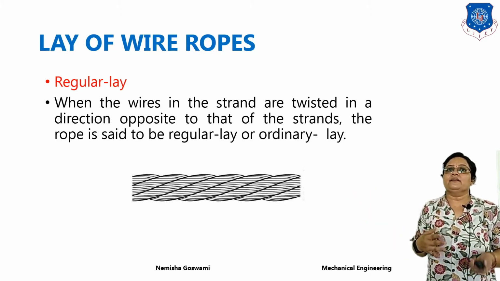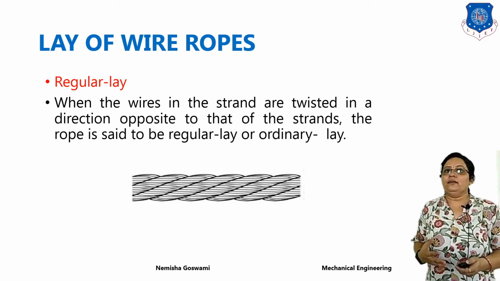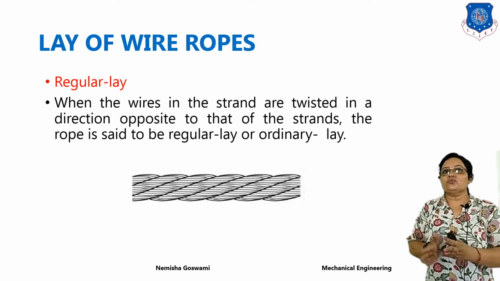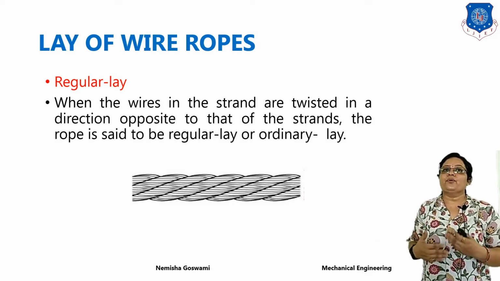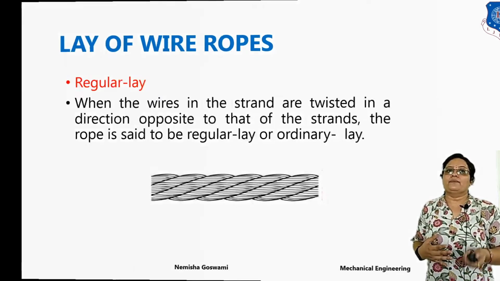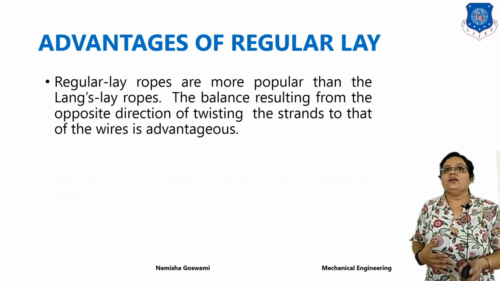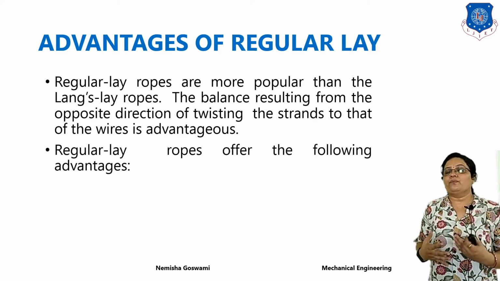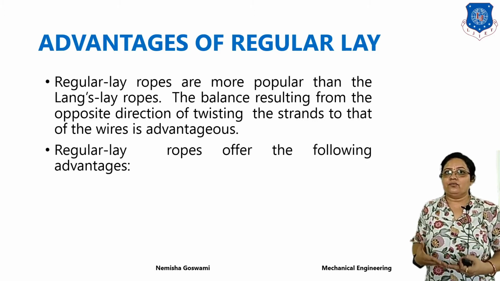Generally, in comparison of lang lay and regular lay, we generally prefer the regular lay wire because here the twisting is in the opposite direction, so it provides more strength to withstand different types of load conditions, right? So regular lay ropes are mainly used and are most popular as compared to lang lay ropes.